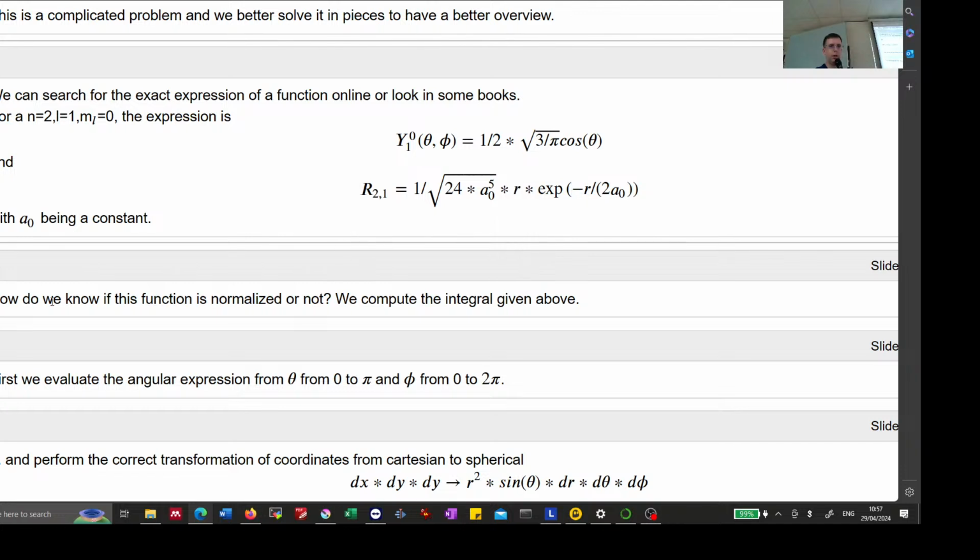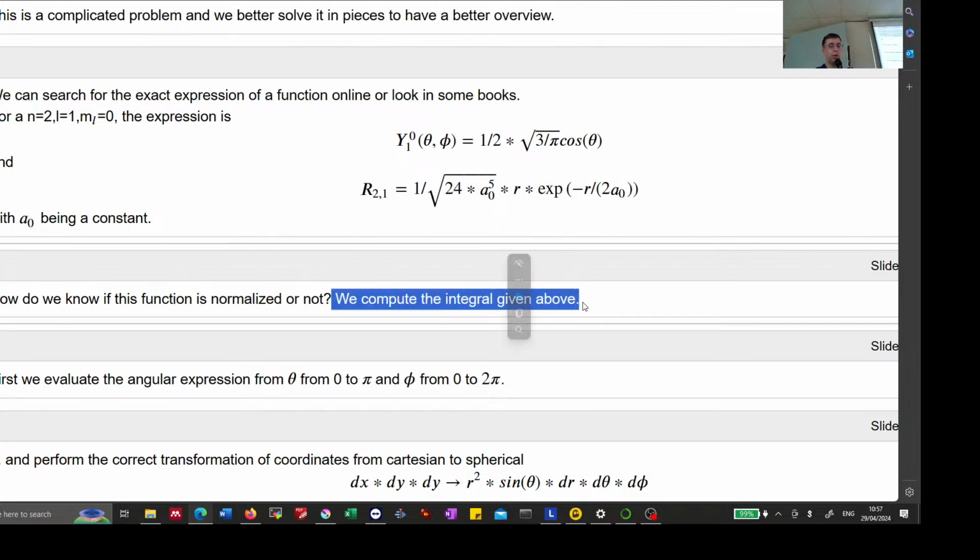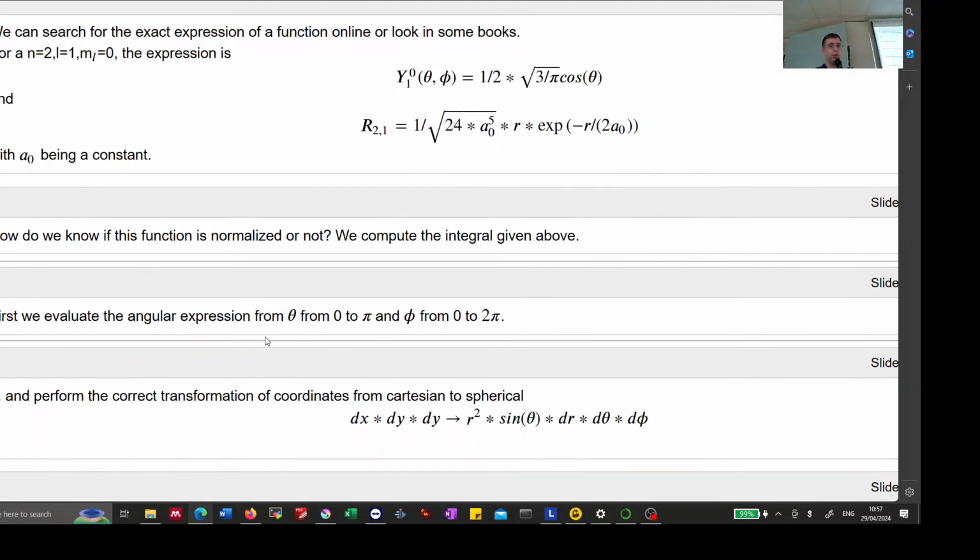Verify. How do we know if this function is normalized or not? We compute the integral given above. So note that the integration of the angle here is between 0 and pi, and the other angle is from 0 to 2 pi. This is the azimuthal angle. This one is the polar angle.